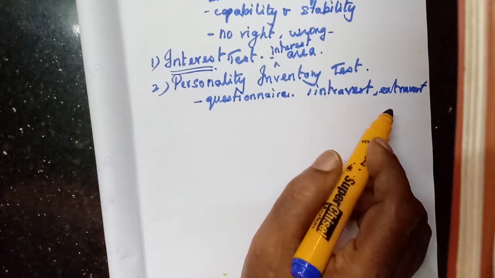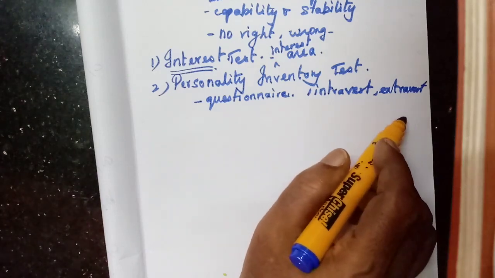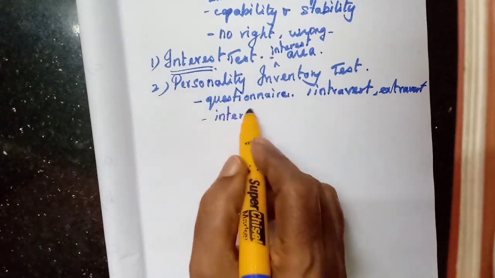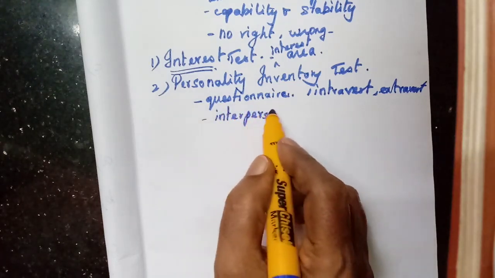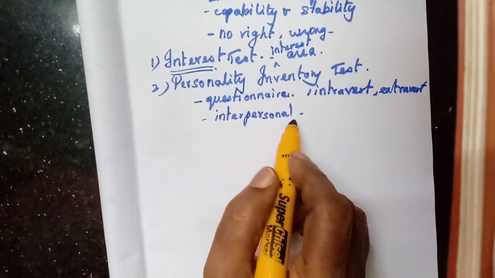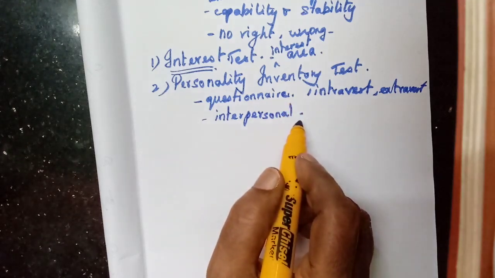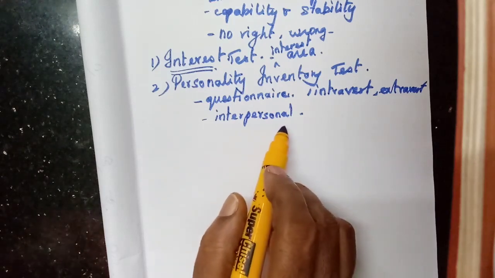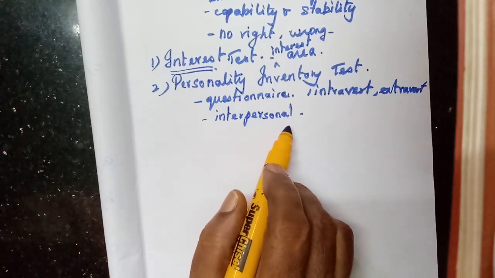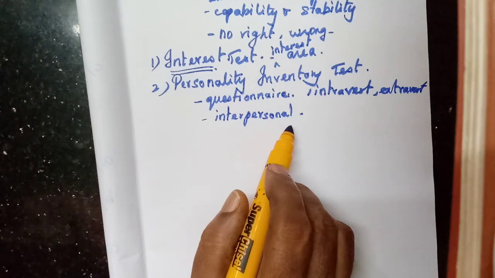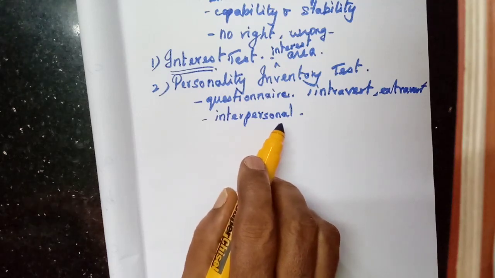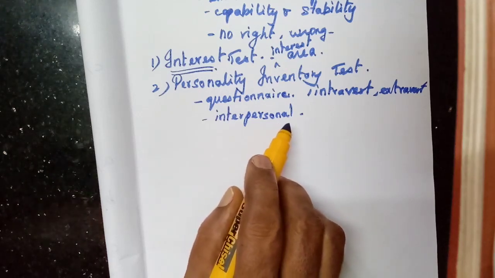Introvertness, extrovertness, then interpersonal relations. For example, if two or three persons are there, one person may not talk with anyone, or one person can talk to many people next to him and go and talk with them.